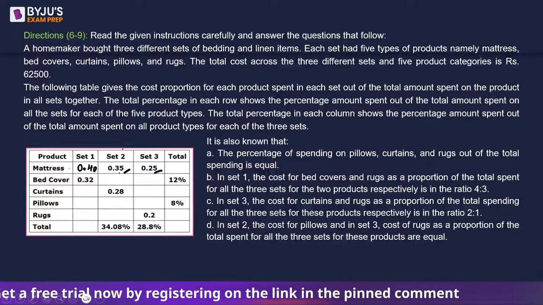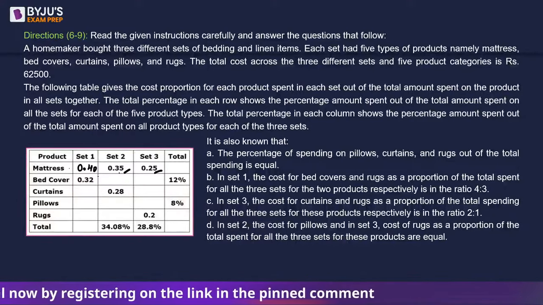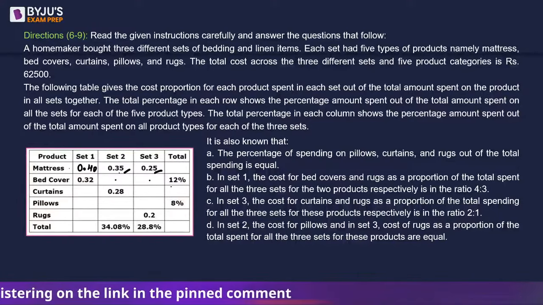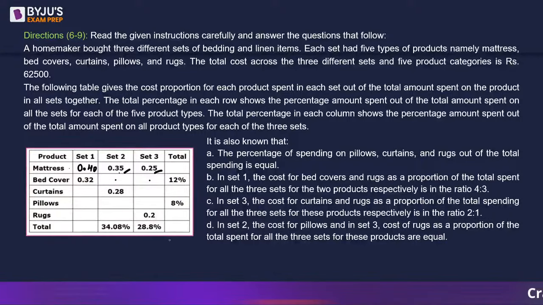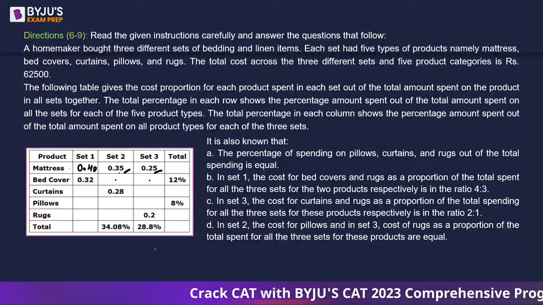right? Okay. Similarly, for bed cover, the sum of all the 3 cells in every row should be 100%. If you look at set 1, set 2, set 3, their sum should be a total of 100%. So this is so far 62.88, right?